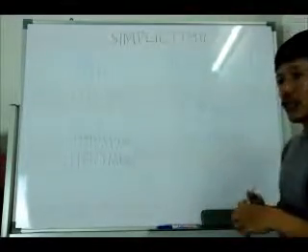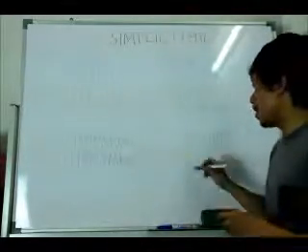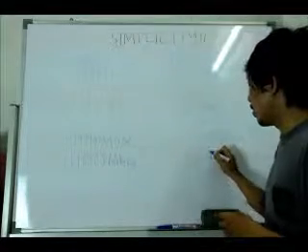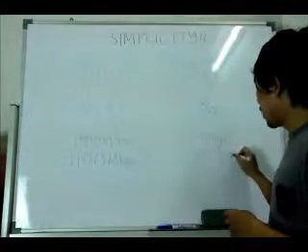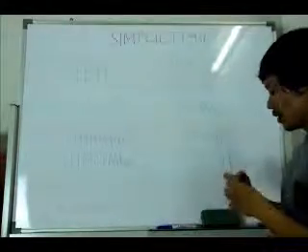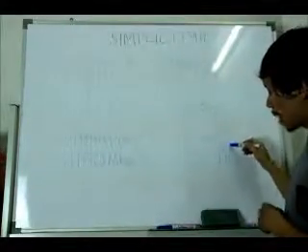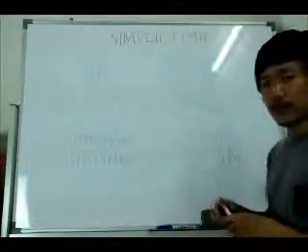For example, your hard disk can be 500 gigabytes, and here we use the capital B. So it's different.